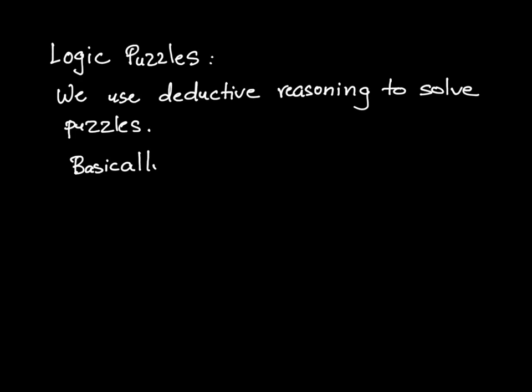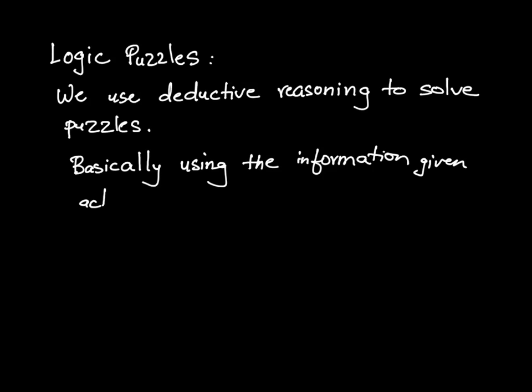information that's given to us in the form of clues, and then using those clues, those pieces of information, we are solving a puzzle. Okay, so every clue is very, very important, because if you miss any clue, we will not be able to solve the puzzle.